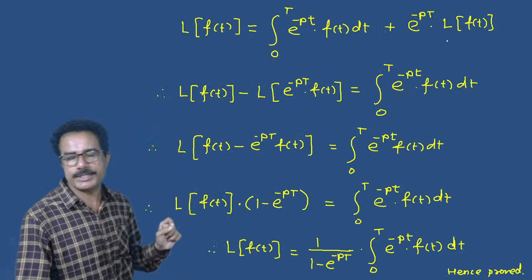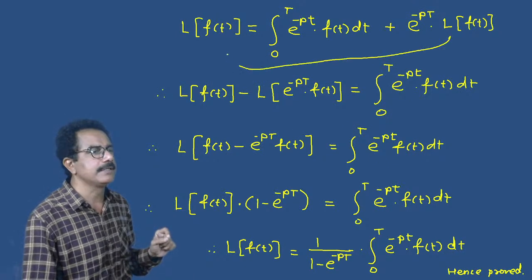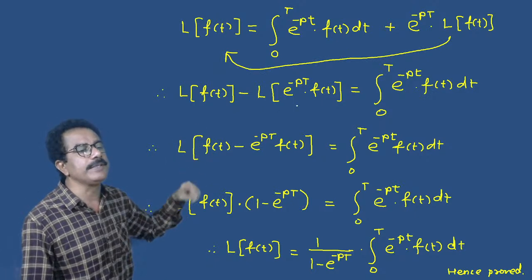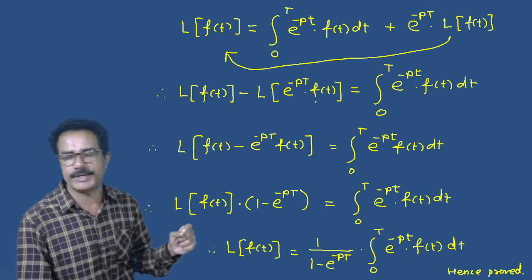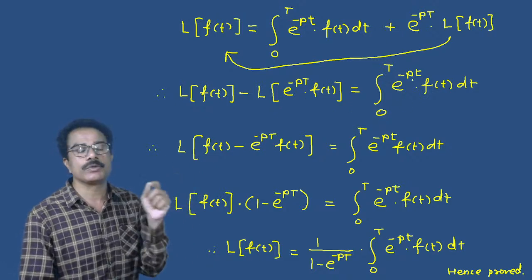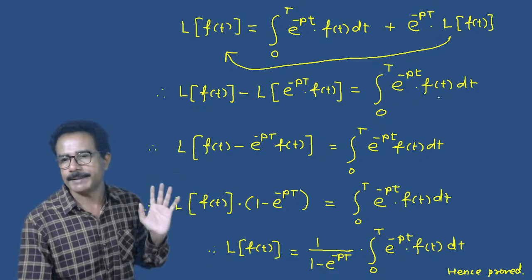Now transfer this L of f of t to the right side. So L of f of t minus e raised to minus pT L of f of t is equal to the integral from 0 to T of e raised to minus pt f of t dt.